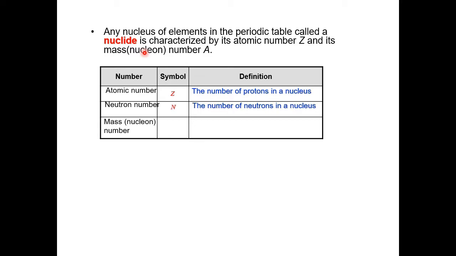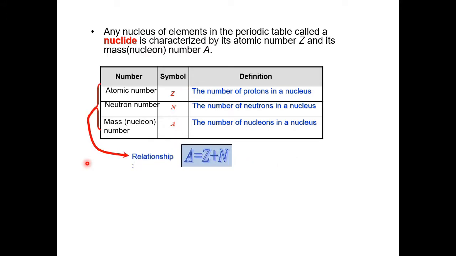If we look at this symbol, for atomic number we use Z, which refers to atomic number or known as proton number, and we have N, neutron number, and we have mass or nuclear number which represents A.